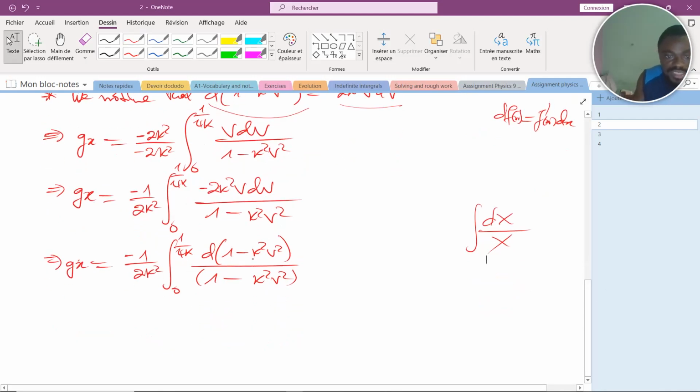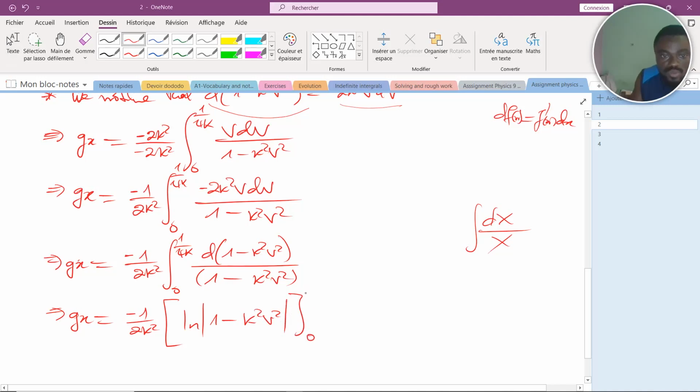So this implies gx will be equals to minus 1 on 2k square, I'll put boundaries, ln of the absolute value of this 1 minus k square v square, boundaries going from 0 to 1 on the 4k. Is that okay? From 0 to 1 on the 4k. Exactly.